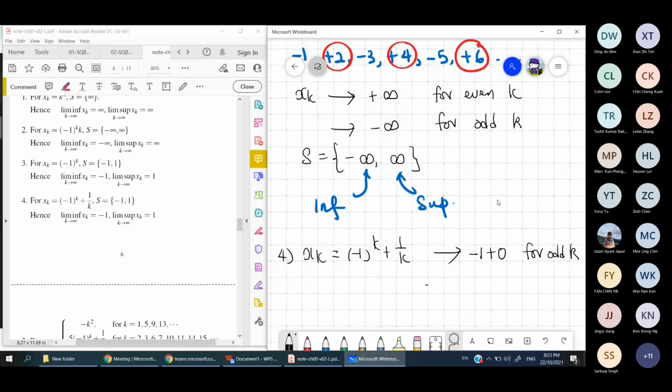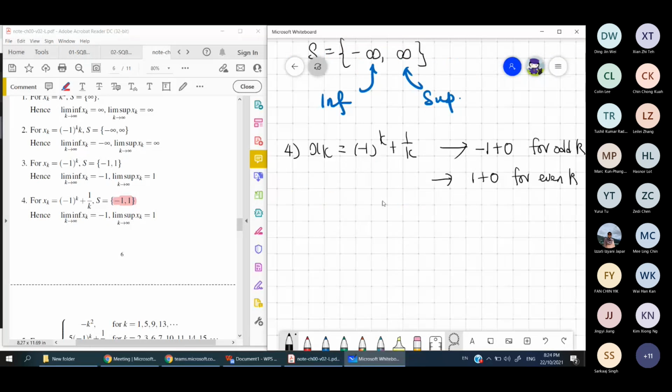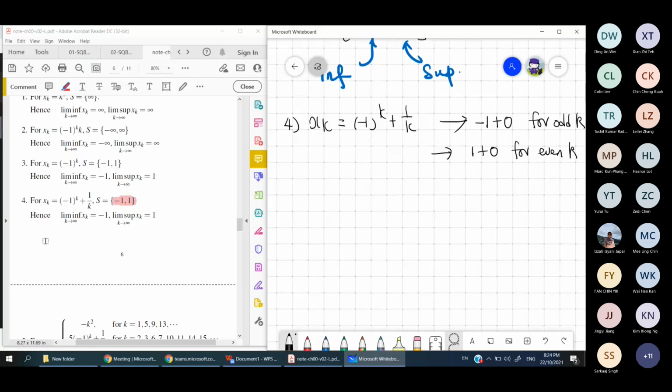And also it will go to 1 plus 0 for even number k. This term is always 0, regardless of even or odd number, so this will be +1 or -1 depending on whether k is odd or even. So that's why you can see two possible limits, -1 and +1, so we can have the limit infimum and limit supremum. Up to these 4 examples are quite straightforward.